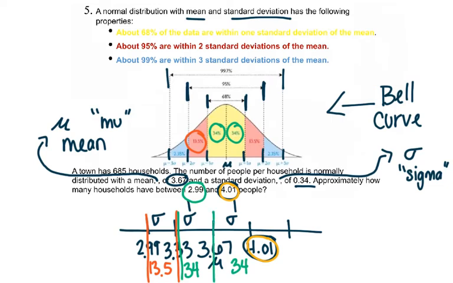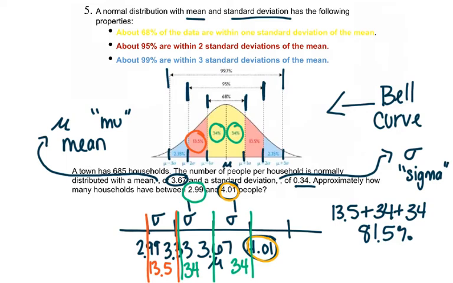So I'm just using that chart, which they will give to you. You don't have to know it. Okay? Alright, so what I'm going to do is add up these percentages. So 81.5% of households fall between 2.99 and 4.01.